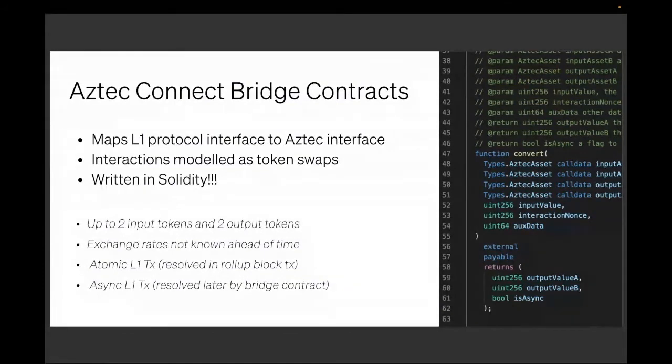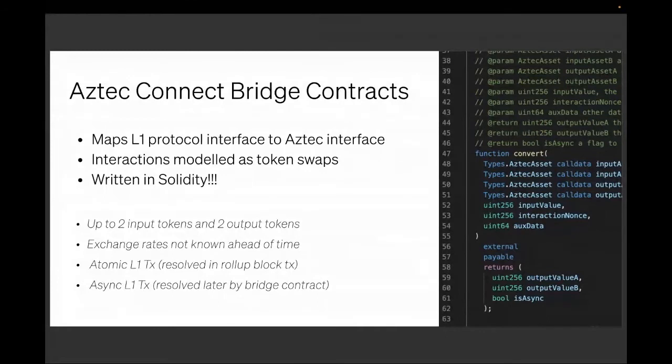The Aztec Connect SDK and the bridge enable you to get started bringing privacy to users without having to worry about the deep cryptographic implementations on day one. So any developer who knows Solidity can write a bridge contract that conforms to our interface.